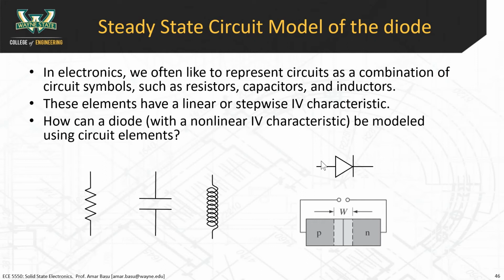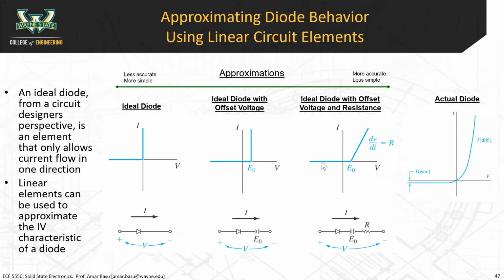So engineers often prefer not to deal with nonlinear elements. When they have a nonlinear element like a diode, sometimes engineers will model that diode as an equivalent circuit model of linear components. Okay, and these are some examples of how that can be done.